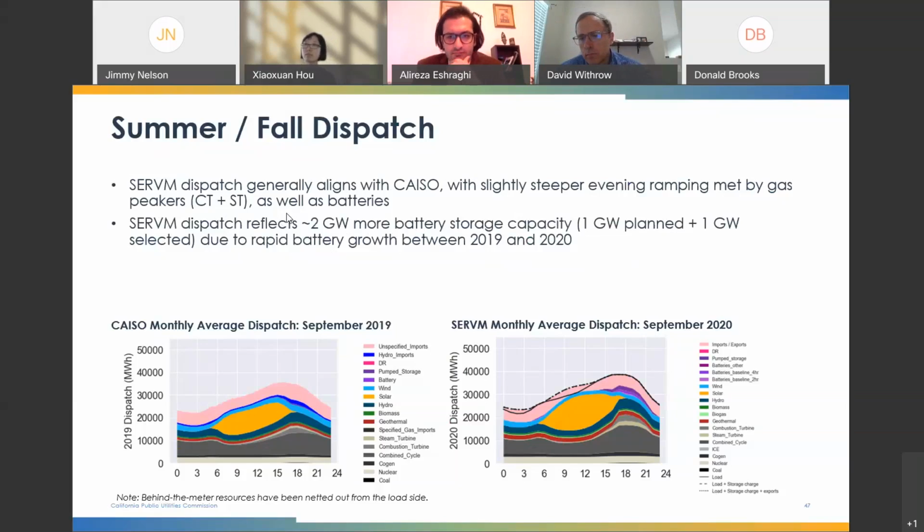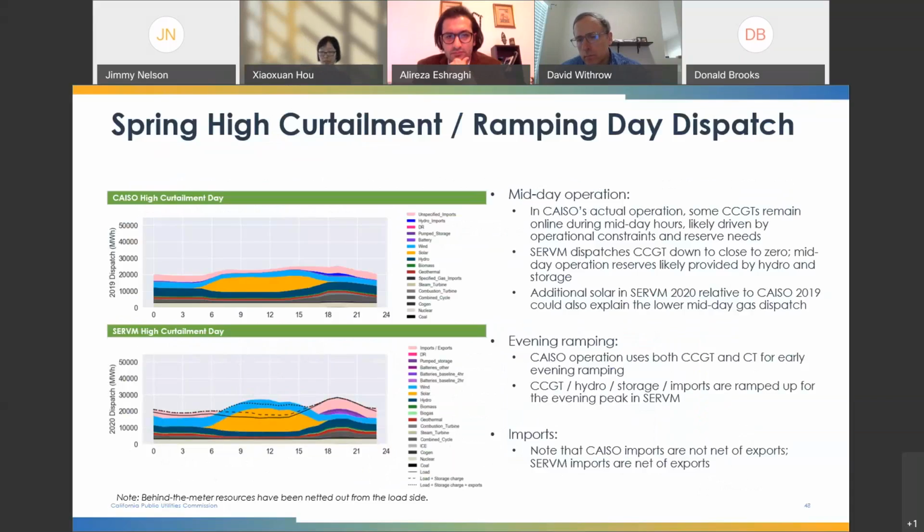Next slide. So we've been comparing monthly average dispatch so far, and this slide compares a particular type of day. This is looking at two specific days that have high curtailment and ramping from the CAISO data and the SERVM data.